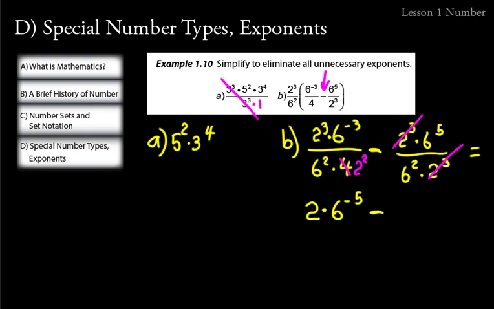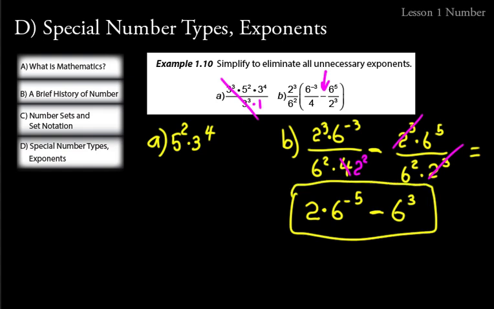Minus, and then move that 6 to the 5th, move the 6 squared up to make it a 6 to the minus 2 again. 5 minus 2 is 3. So 6 cubed. And so that's how we'll leave that. We don't have to calculate a number on that. And that is all for lesson 1.